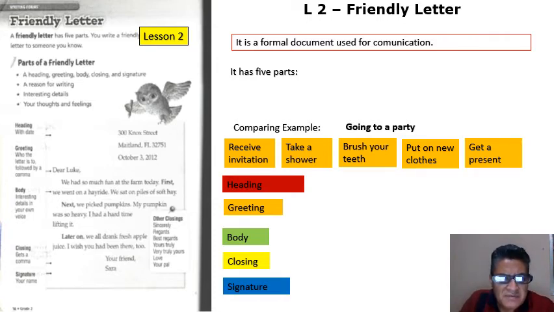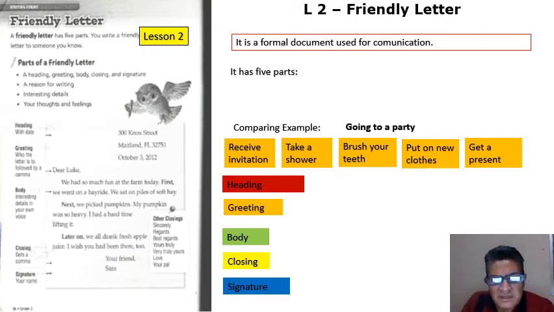Letters have parts that make them function and transmit information to another person. So we can check very quickly. Here are some of the elements, the parts. And here is the example letter.